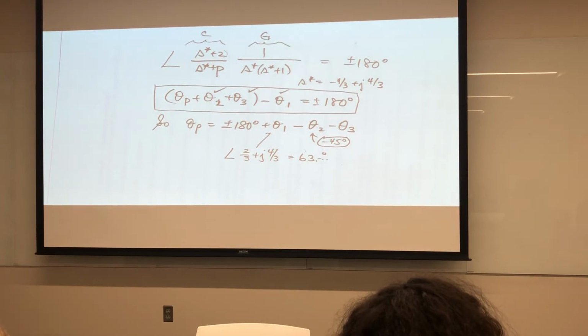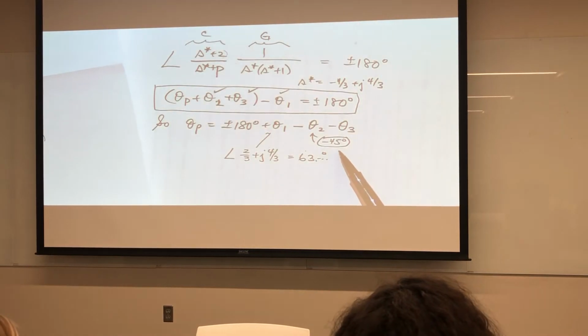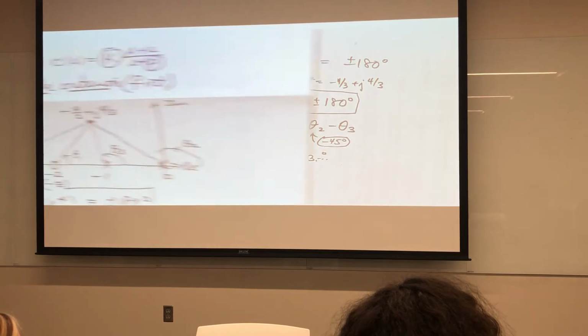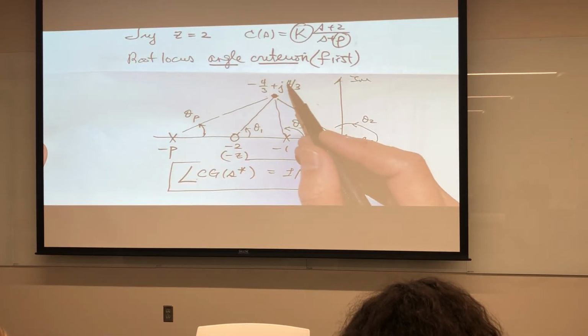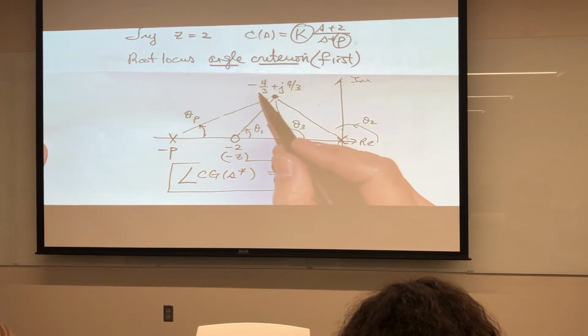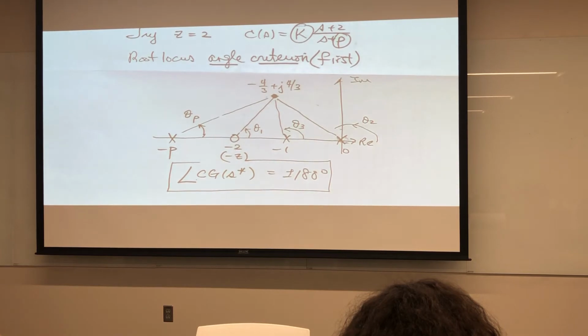It's because calculators are set up to give you answers between plus and minus 90 degrees, because trig functions are periodic.